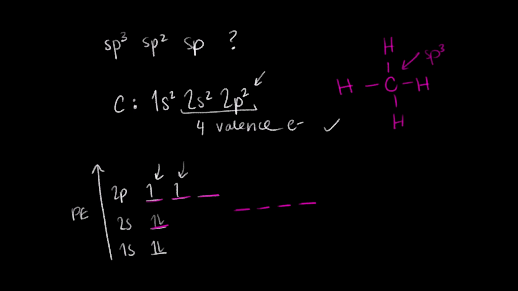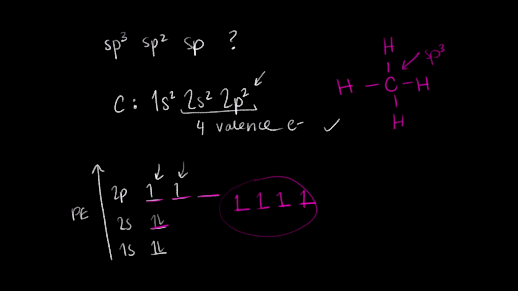So the p is going to come down in energy level, the s is going to go up in energy level, and they're going to meet in the middle. They're going to join together, and they're all going to be equal, and the electrons are going to distribute evenly in those orbitals. So now all 4 of these are available for bonding, and they're going to bond at the same energy level, which is very comfortable for the molecule. So the reason that hybridization happens is it creates a very stable molecule overall.